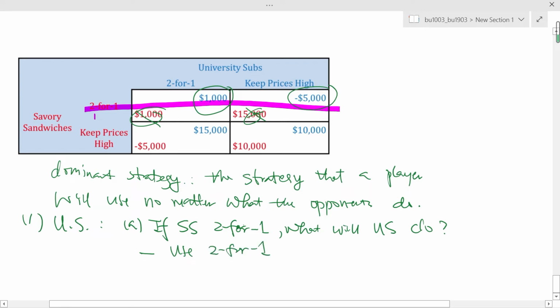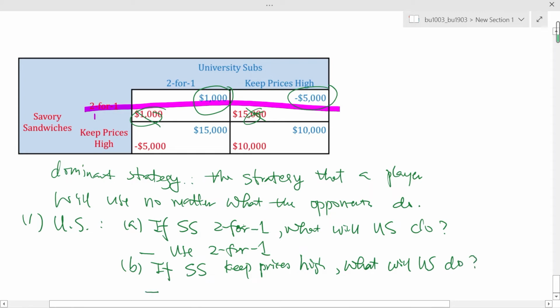Okay, then the second question: if Savory Sandwiches keep prices high, what will University Subs do?